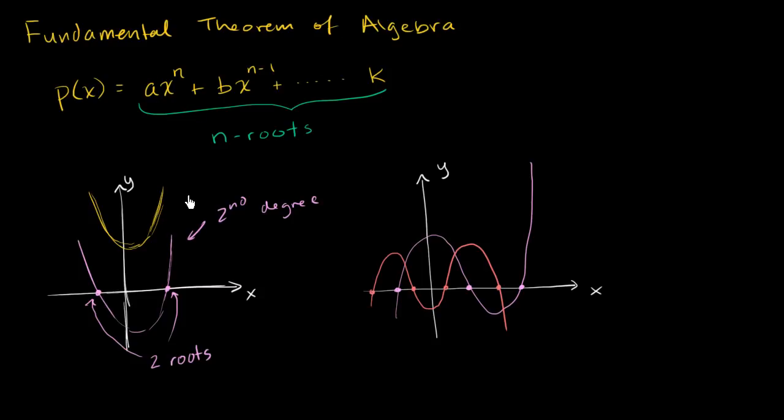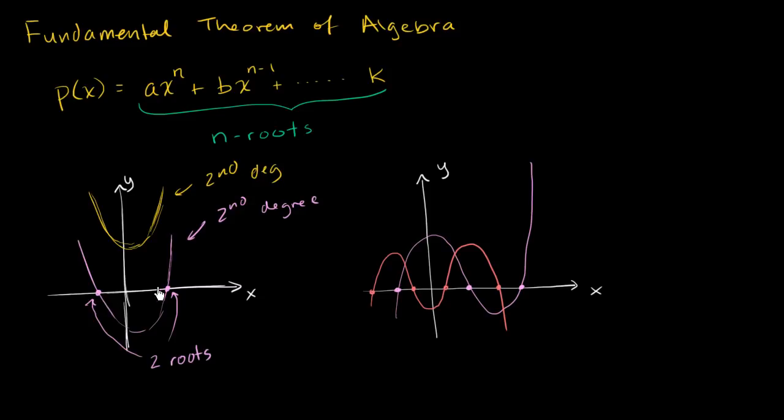The fundamental theorem of algebra says if we have a second degree polynomial, then we should have exactly 2 roots. Now this is the key. The fundamental theorem of algebra extends our number system. We're not just talking about real roots, we're talking about complex roots. And in particular, the fundamental theorem of algebra allows even these coefficients to be complex.